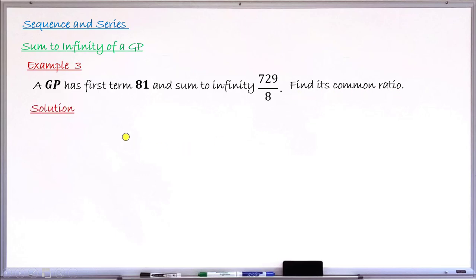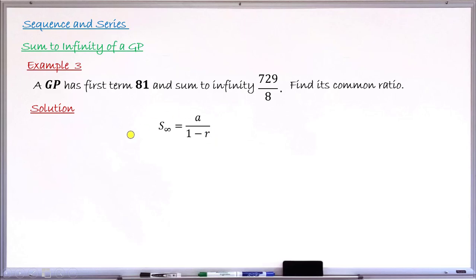Solution to this very problem. So we now have the sum to infinity and we have the first term of the GP, and what we are interested in finding here is the common ratio. So I'll now write the formula. Sum to infinity, S infinity equals a over 1 minus r.